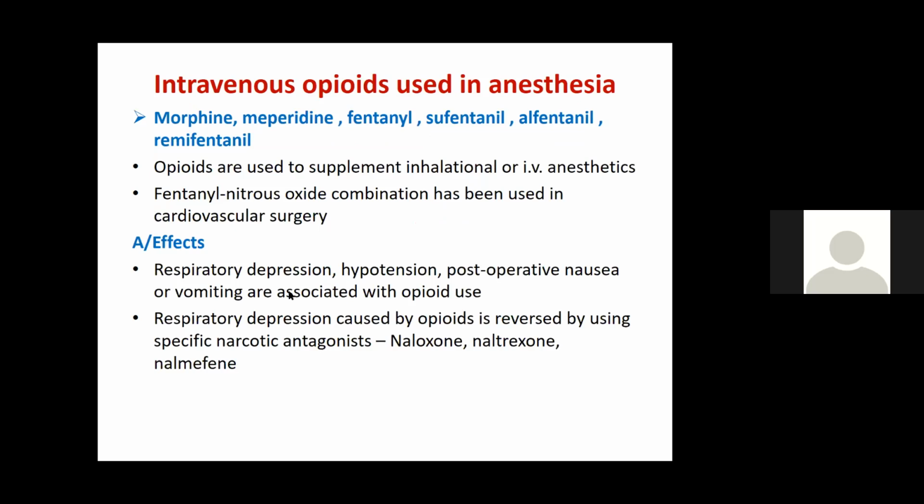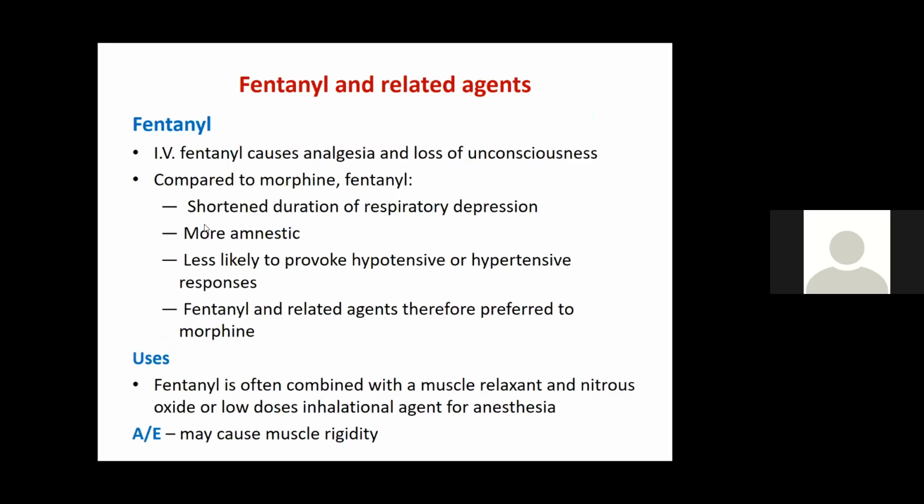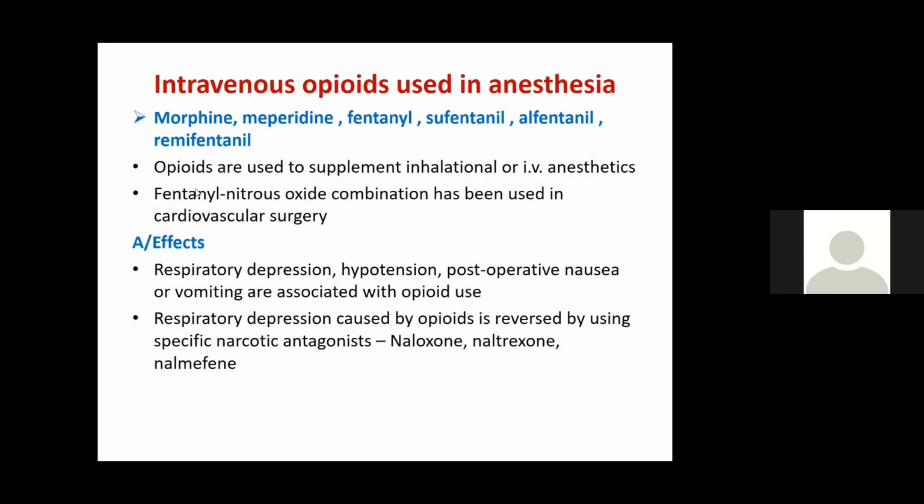When it comes to opioids, we did mention that we may use morphine, but ordinarily we do not want to use morphine because of majorly respiratory depression, which can be fatal.